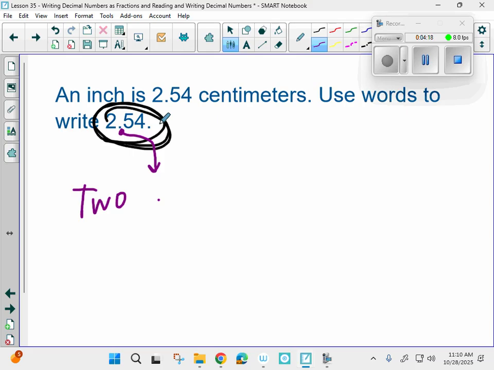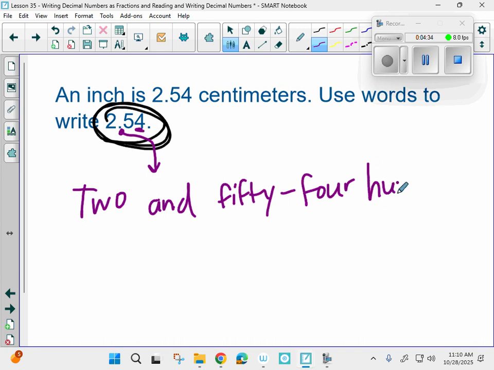There you go. And you were doing the hard part for me, Piper. All right, so then we've got 54. And again, this ends in that second spot. It goes tenths, hundredths. So we spell the word hundredth, and then we put the THS on the end, okay? Because we're to the right of the decimal.